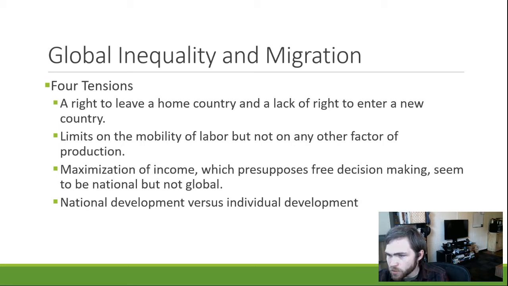Maximization of income, which presupposes people making free decisions, seems to be sacrosanct at a national level, but not at a global level. And finally, we have this idea that people should better themselves and develop, but they should develop in their home countries and not in the already developed countries. And so why do we privilege development of individuals within their own country over development of individuals in a new country?